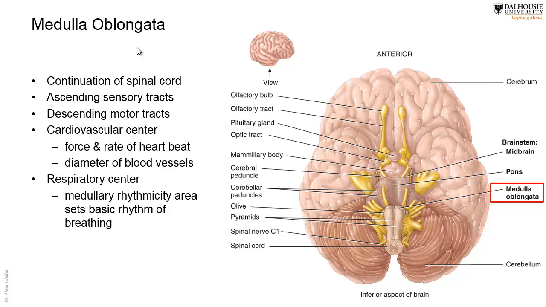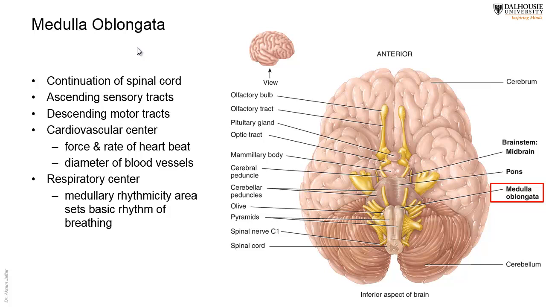And also there is the respiratory center, which also controls the rhythmicity of the respiration. When you are sitting now, you are unconscious of your respiration. Although the diaphragm is a voluntary muscle, you can increase and decrease the rate of respiration, but actually it is involuntarily controlled by a respiratory center, which is mainly present in the medulla oblongata.